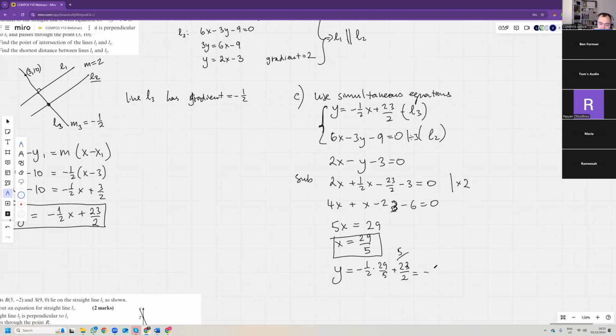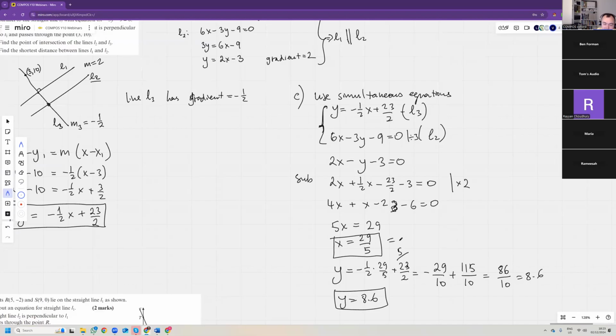That's going to be minus 29 over 10 plus 115 over 10. 115 minus 29. That's 86 over 10. That's 8.6. Okay, so y is 8.6.